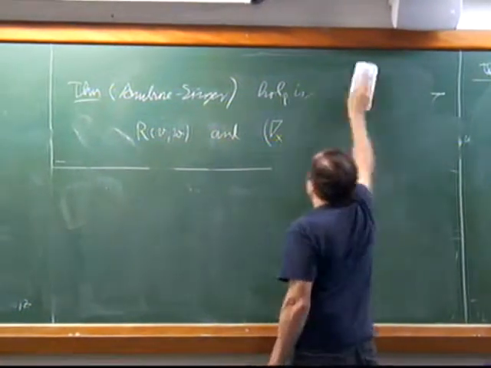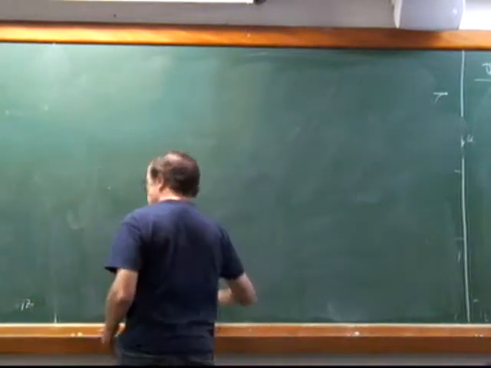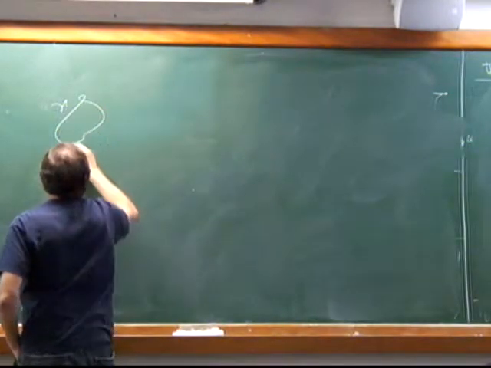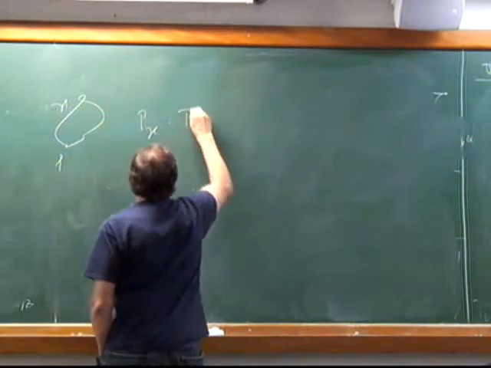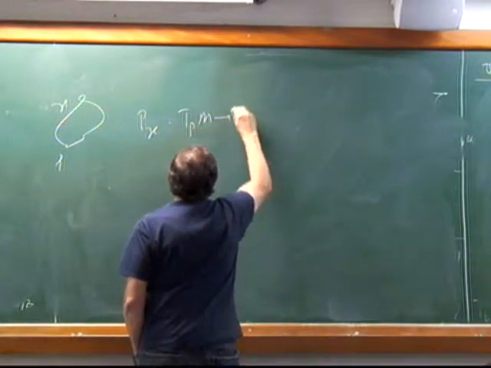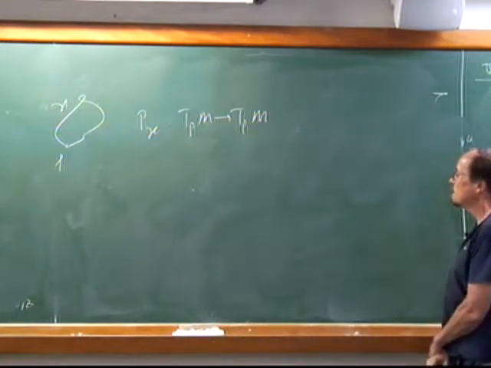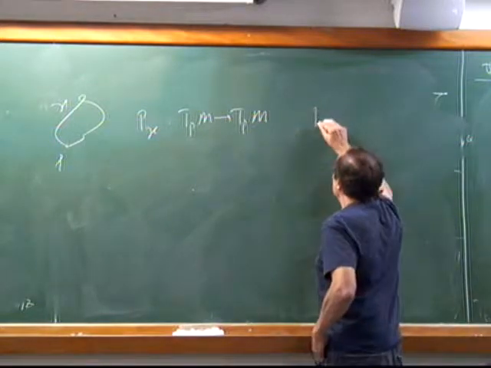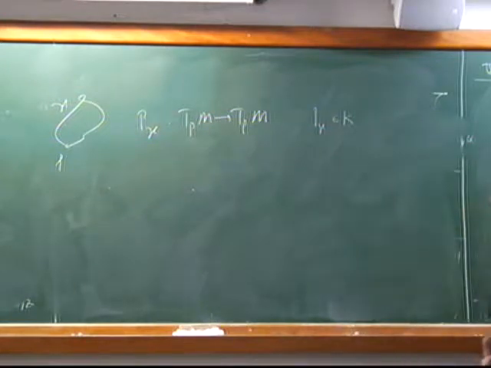So what do we have to prove? Take a closed path starting at P, with parallel translation from T_PM to itself. I want to show that this lies in K. What is K?